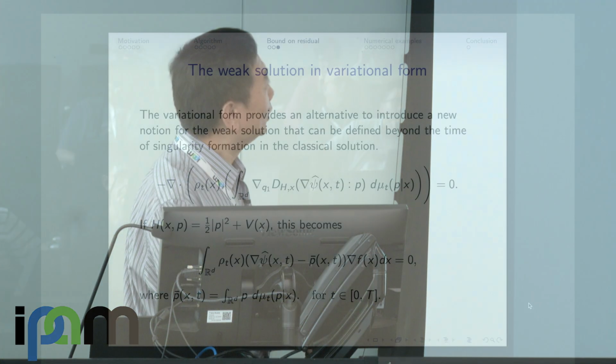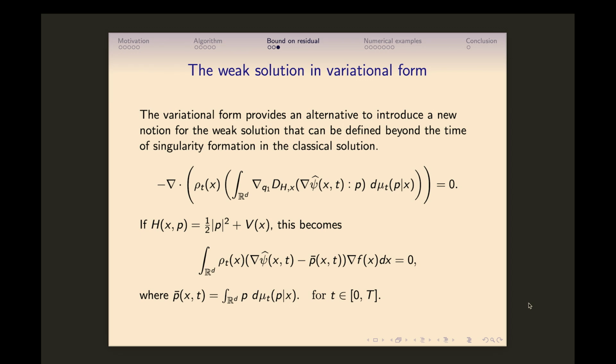Let me say quickly about the weak solution that I actually refer to. This is a formulation from that objective function in the minimization. You can say if you find a minimizer, it satisfies the Hamilton-Jacobi equation in the following sense.